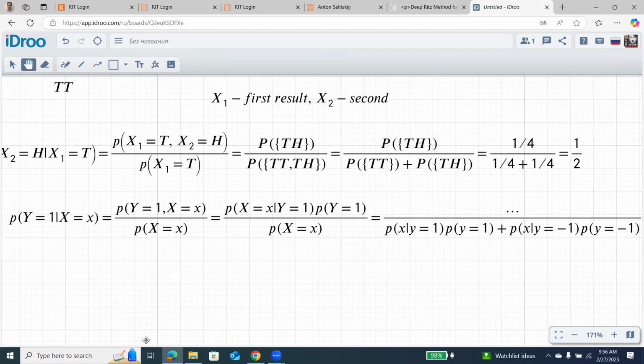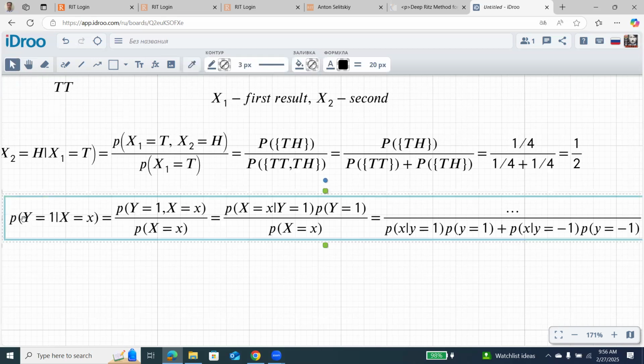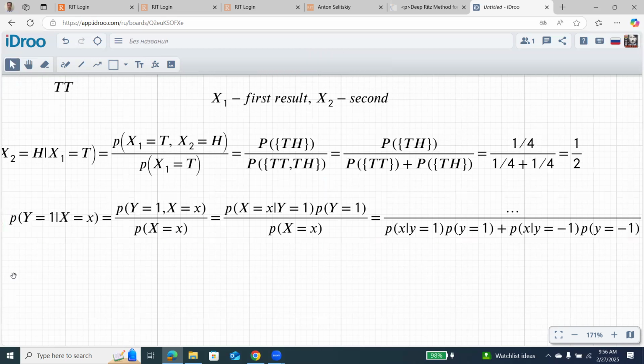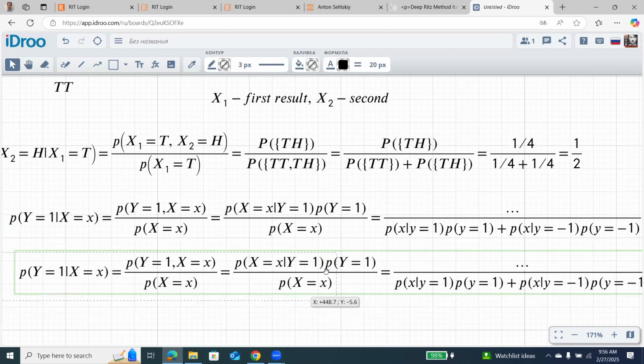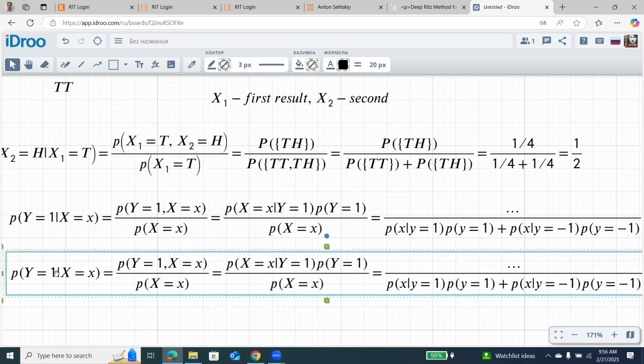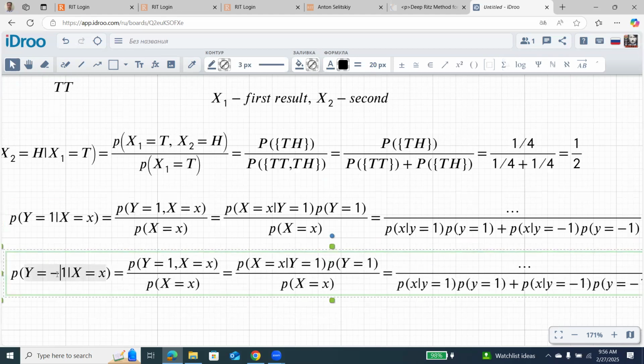we actually don't care about the denominator. Because we can write the same formula for another class. Let's just copy paste. I'm talking about two classes, but you can, of course, do the same for multiple classes.